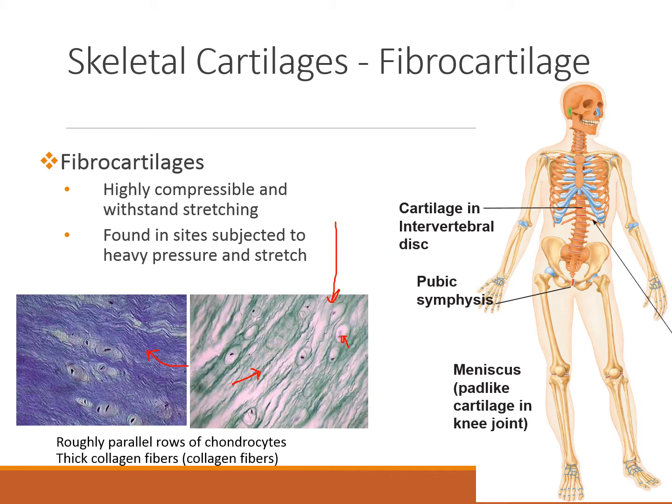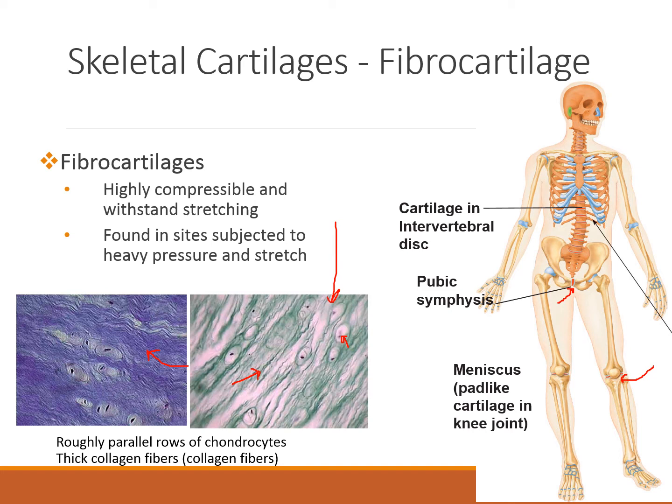We're going to find fibrocartilages in sites that are subject to heavy pressure and stretch. Kind of like the pubic symphysis here. This is a bit of cartilage that connects the pelvic bones anteriorly. And then you have the meniscus, which is in the knee. It's the little plate of cartilage that separates the end of your femur from the end of your tibia.